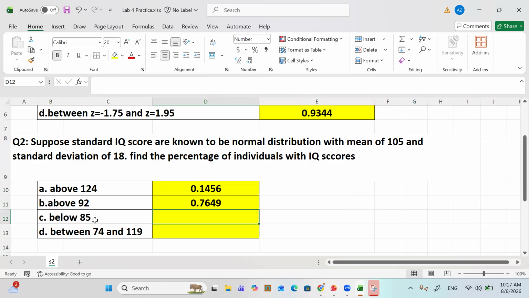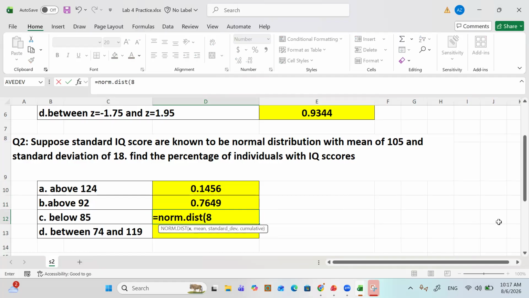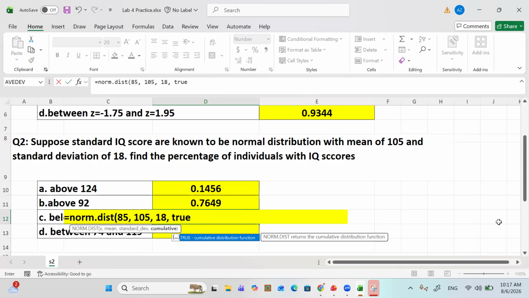So then below 85, it's just going to be NORM.DIST, 85, area to the left, mean 105, standard deviation 18, true. And that will do it.